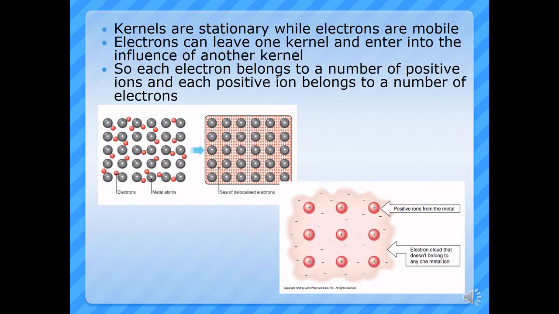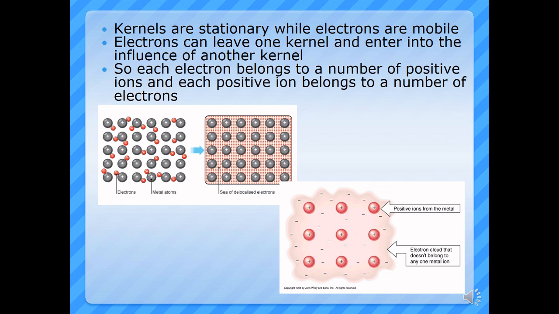According to this theory, the kernels will remain stationary. These green dots represent the kernels and the red ones represent the electrons. The kernels will remain stationary, whereas the electrons are mobile.